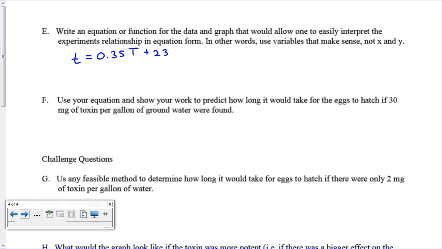And then it's important that I make a key here since they're both T's: the lowercase t equals the time to hatch in days, and the big T is equal to the toxicity levels, and this is in milligrams.